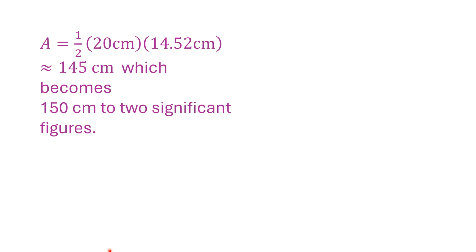So we have 3 different techniques, and we ended up with the same answer 3 times. 145 and 146 because of round off errors that we used, and you can see that will cause a little bit of a discrepancy in the last digit. But when we go to significant figures, we always ended up in the same place.